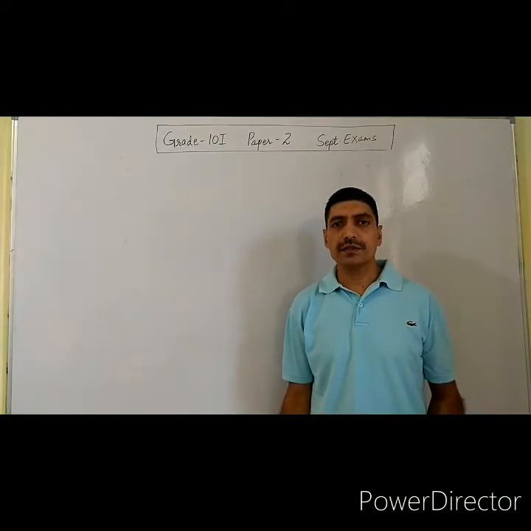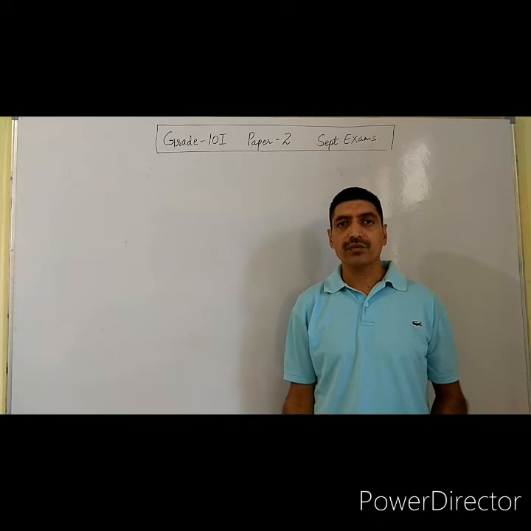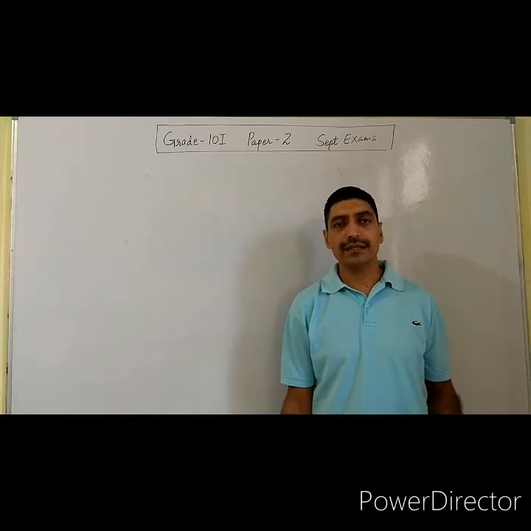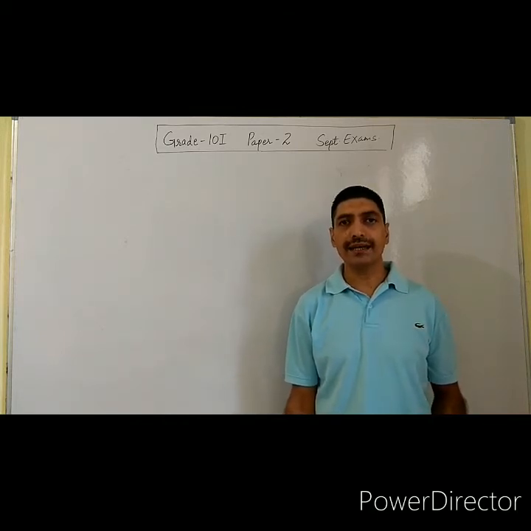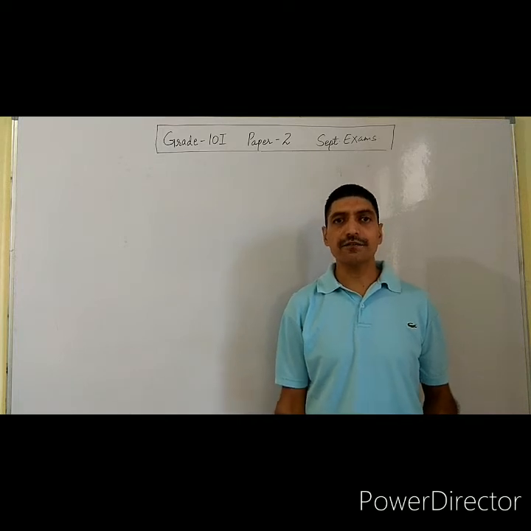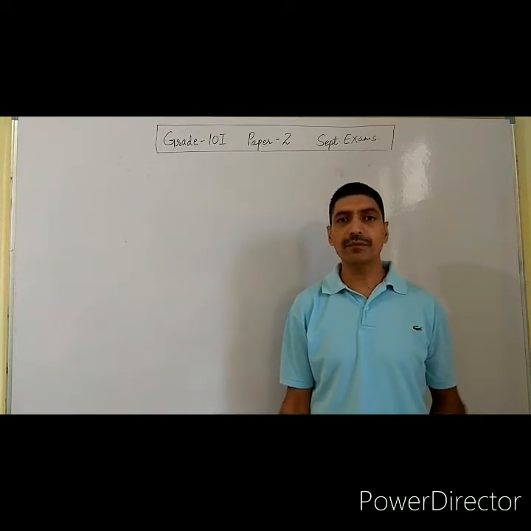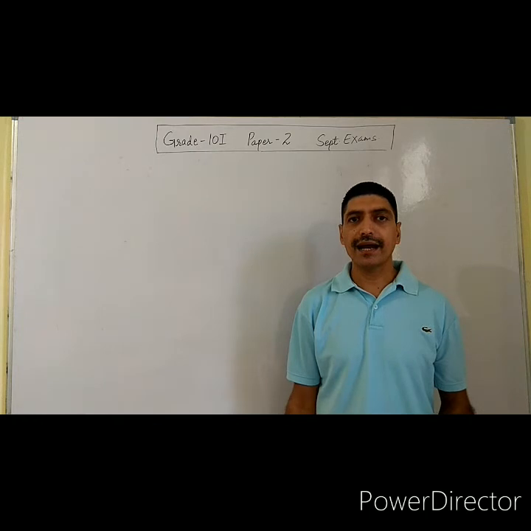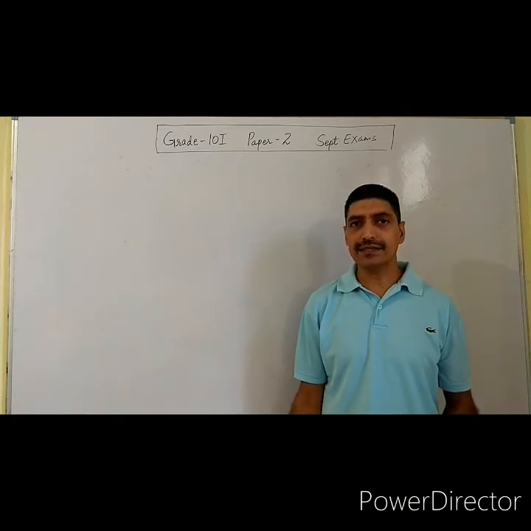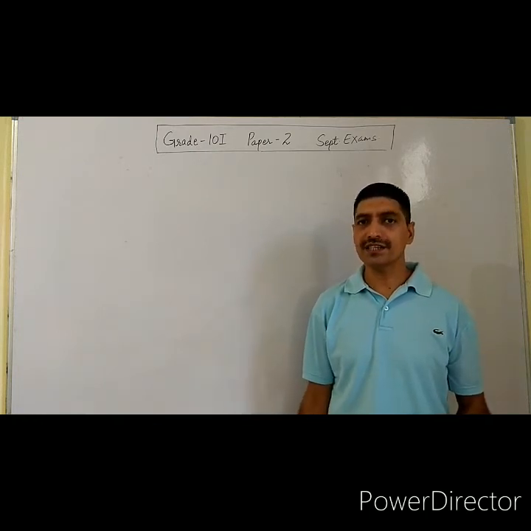In question number 17, we have to add the length of the train and the length of the platform, so the total distance, and the time taken is given, and we have to find the speed.